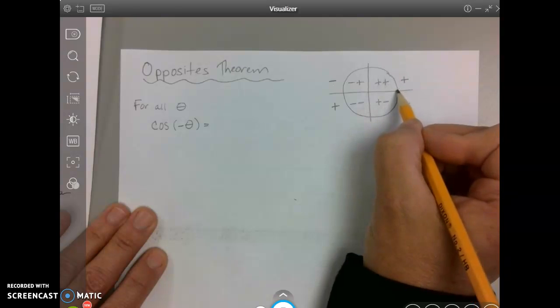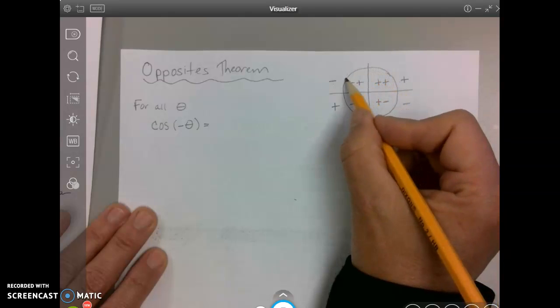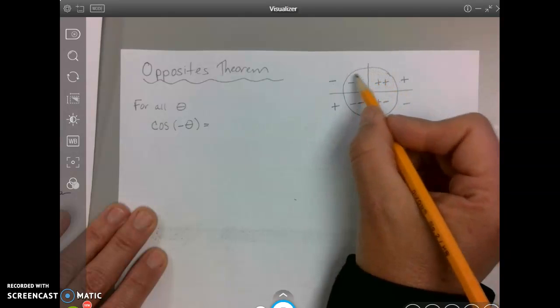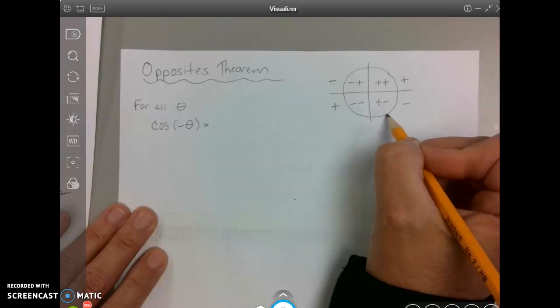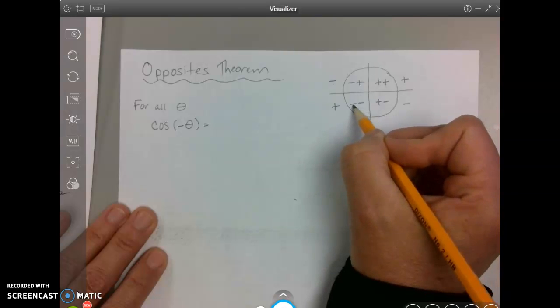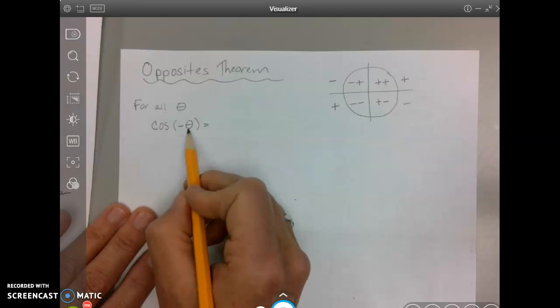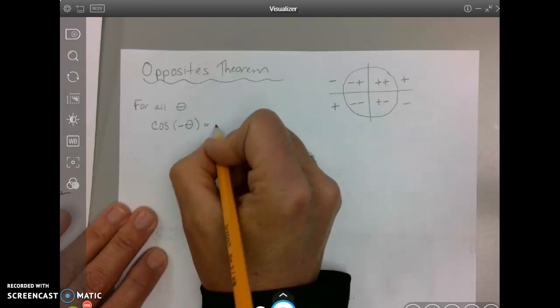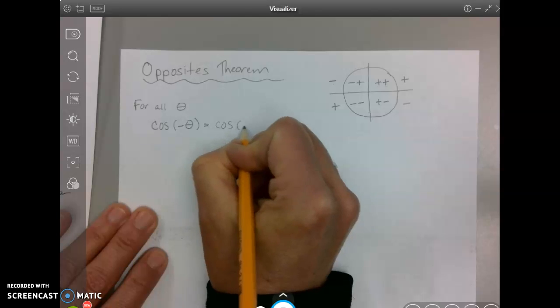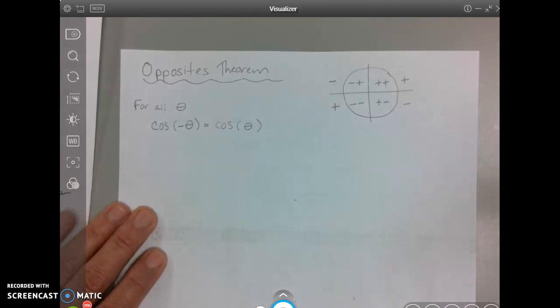Let's try it this way. What if I said cosine was 120? Then it's negative. What if I said cosine was negative 120? It's still negative. So the cosine of the opposite of theta, meaning going the opposite direction, is the same as going the positive direction.